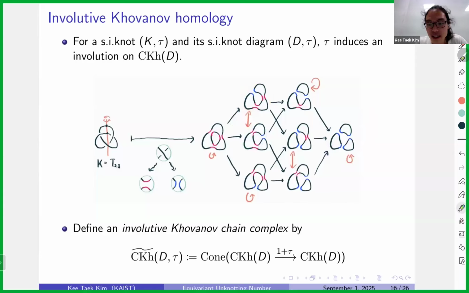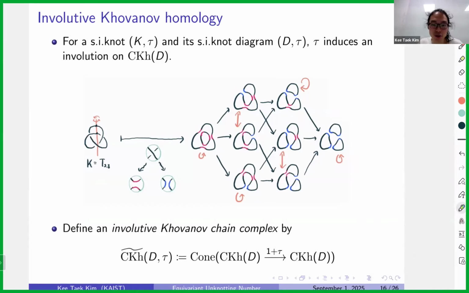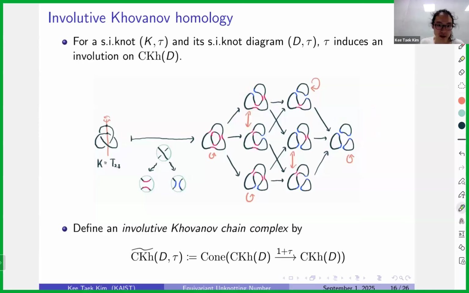So for strongly invertible knots, we have more information than just the chain complex, namely together with an involution on the chain complex. We can record this involution on the chain complex by a mapping cone as follows. Let's call this an involutive Khovanov chain complex.